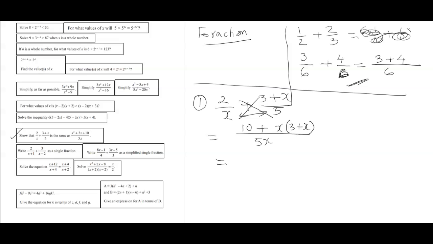Okay, so now I am going to expand the bracket, which will give you 3x plus x squared, and we are dividing it by 5x, and then if I simplify, that gives you x squared plus 3x plus 10 over 5x.